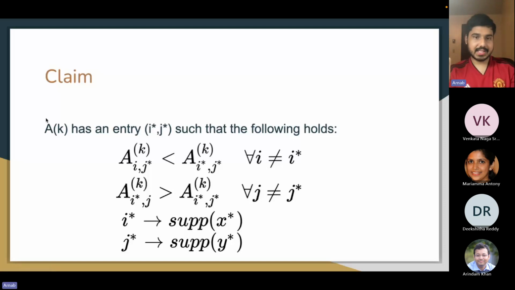Once we find I star, J star with high probability, we just need to look at the mapping: what did this map to? Support of X star. What did this map to? Support of Y star. So we end up getting a k cross k submatrix. Once we have that, we can directly compute the Nash equilibrium. It is just a matrix inversion, which is very easy, and you just need to see those k squared entries. So the key part is, how do you find this I star, J star?